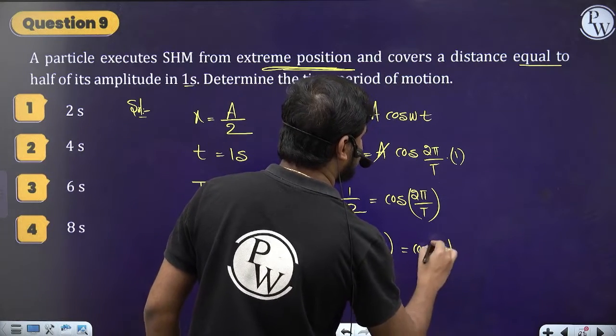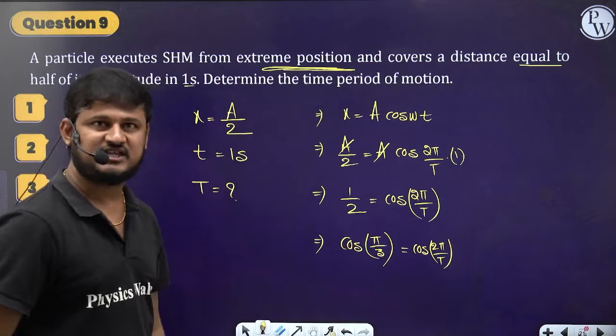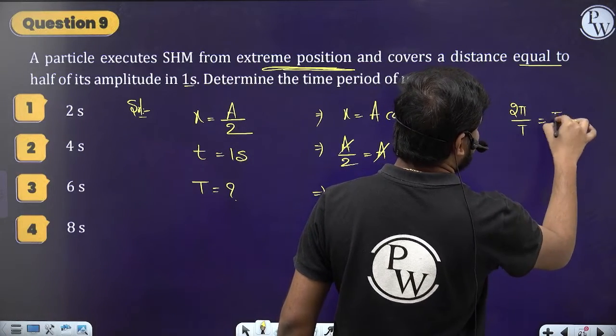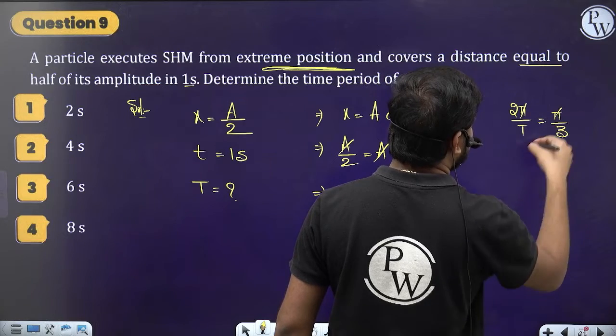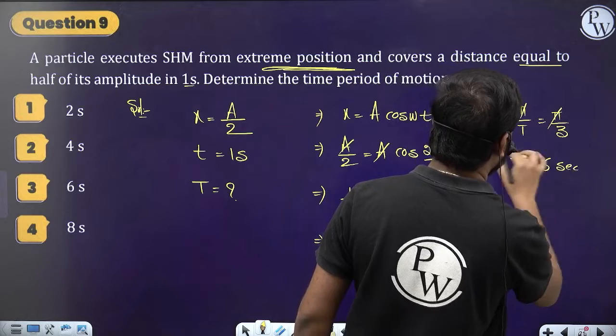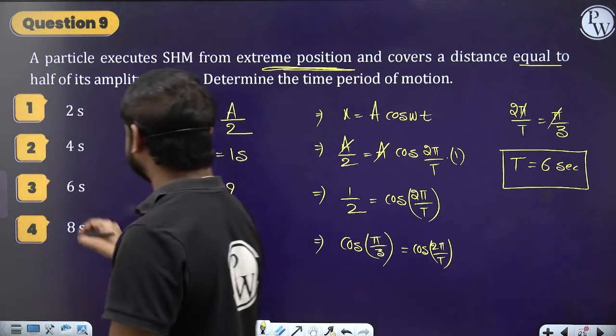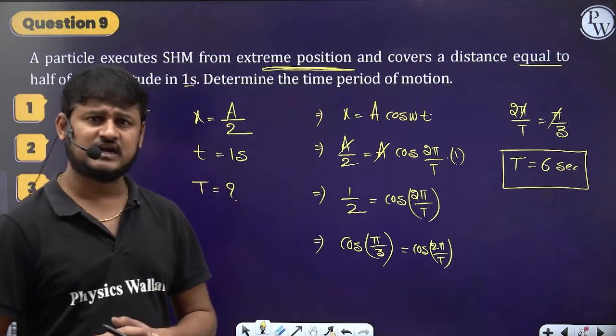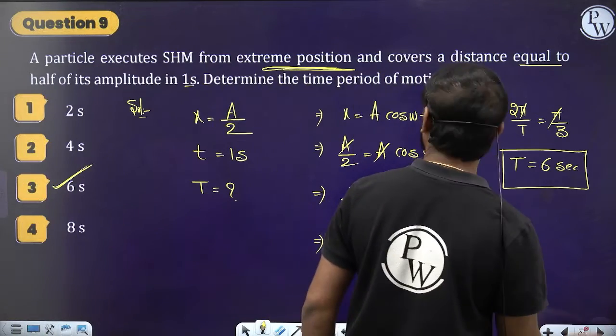Then simply compare. So 2π/T is equal to π/3. So π cancels. So T is equal to 6 seconds. The total time period will become 6 seconds. Option 3 is the correct one, guys. Done? Clear? Chal, let's move further.